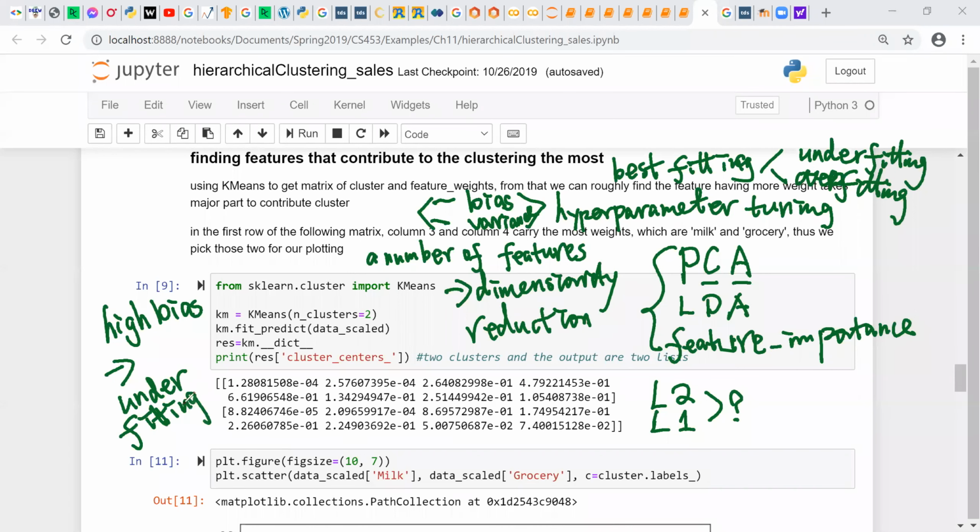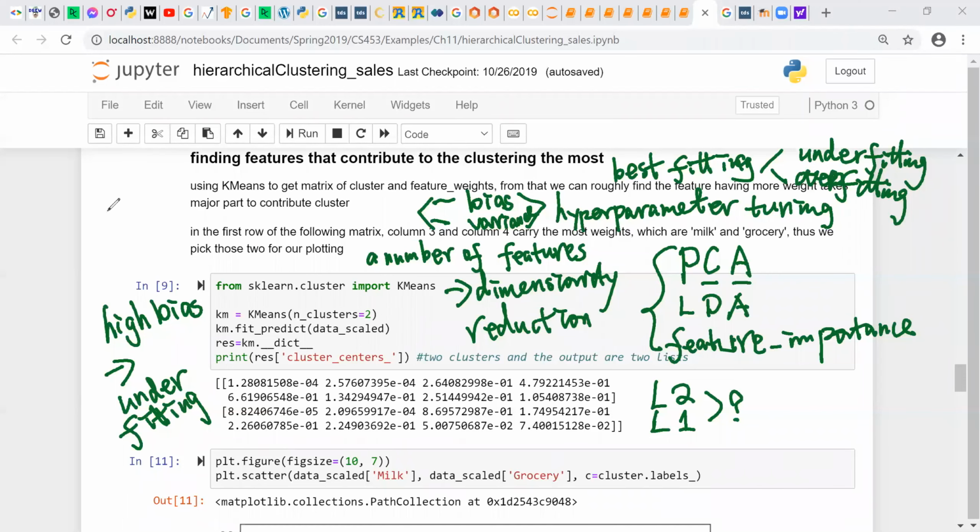It leads to underfitting. Higher bias means a lot of times what? Your model is too simple. You didn't catch enough features, or you don't have enough samples.